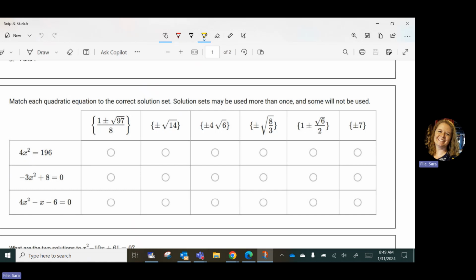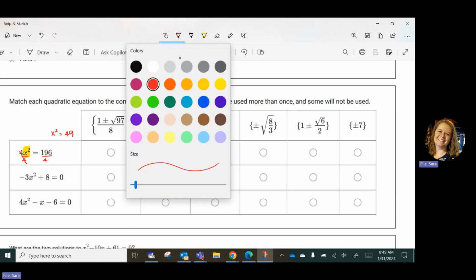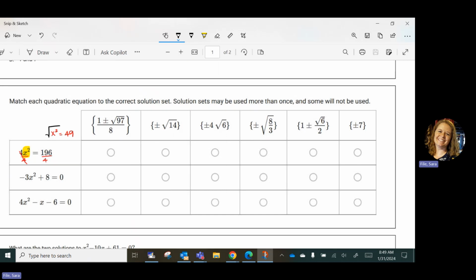This is going back to what we did in number 1. So I got to get rid of that 4 first. Divide out 4, and this comes out to x squared is 49. Now I've isolated what was being squared, so I'm ready to take the square root. Don't forget the plus or minus. Square root of 49 is 7. So positive or negative 7, do you see that as an answer choice? Yep, right there.